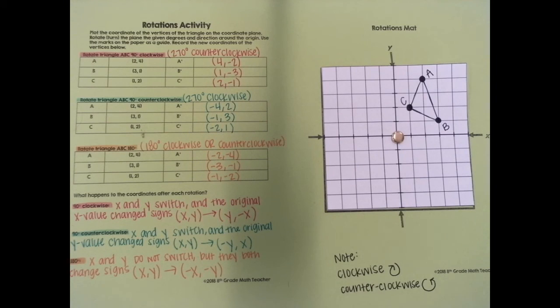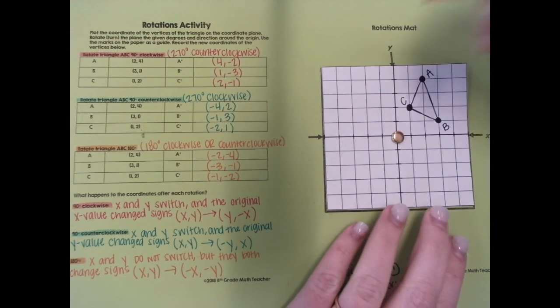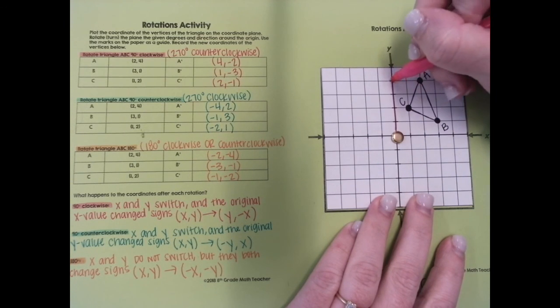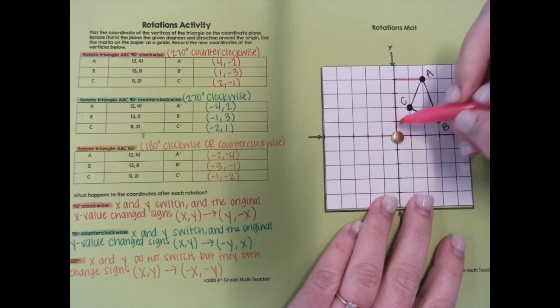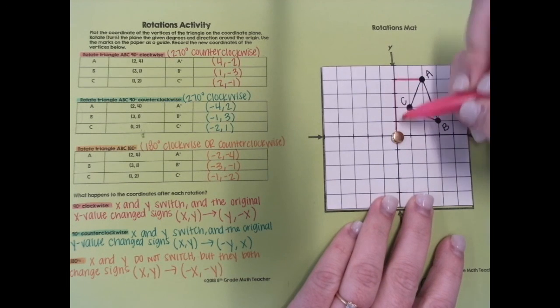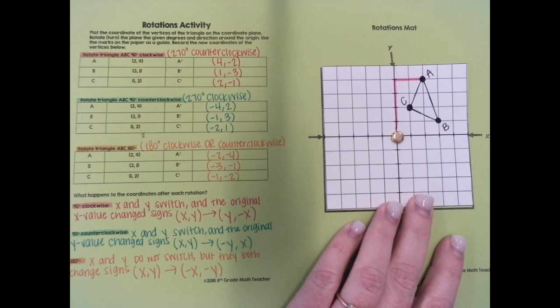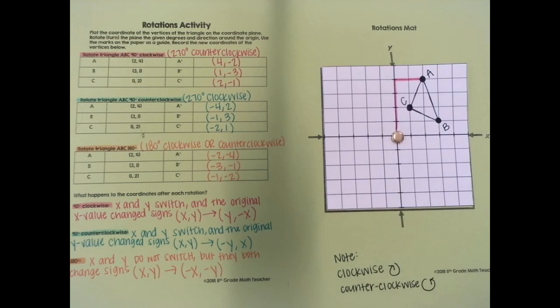So let's start with point A and rotate point A 90 degrees clockwise, starting by anchoring it from the axis. Okay, so I'm going to anchor it to the y-axis here. So I started by just drawing a line up and to the right to get to point A. So now if I were to rotate this y-axis 90 degrees, I'd be on the x-axis.